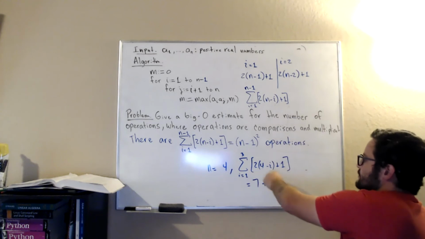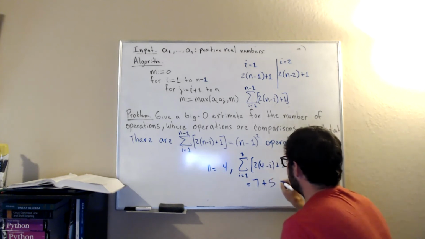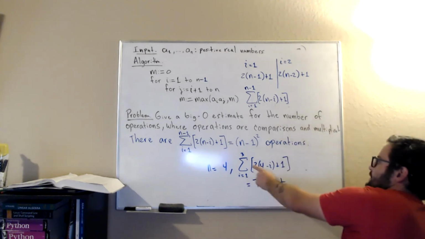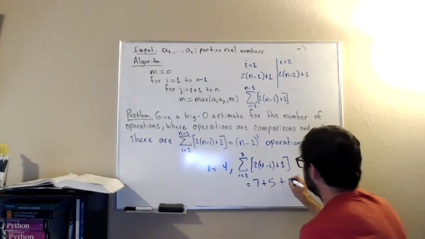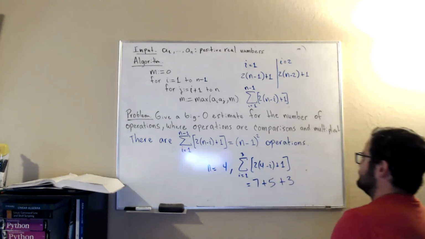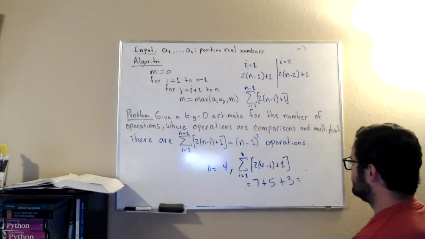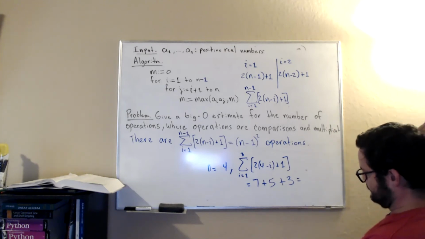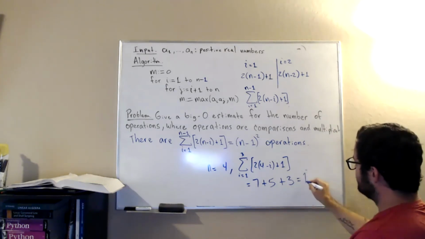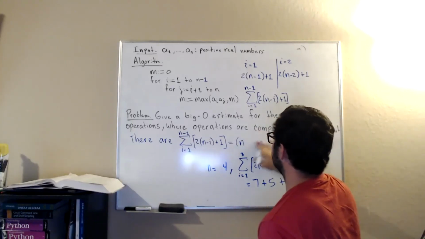And then I goes to 2, so 4 minus 2 is 2, so 2 times 2 is 4, plus 1 is 5, plus, and then I is 3, 2 times 1 plus 1, so this would be a 3 as well. Okay, so it's 8 plus 7. Oh, it's this. This is the formula.